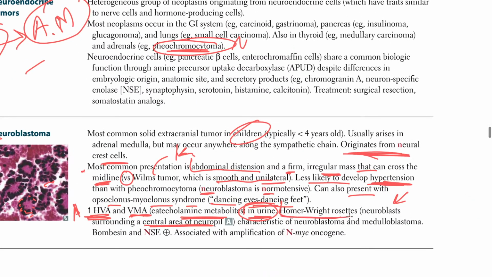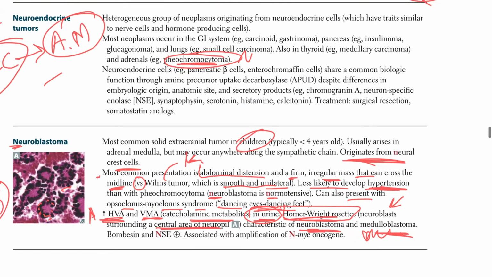And these are the Homer-Wright rosettes, high yield. This is a characteristic of neuroblastoma and medulloblastoma. So Homer-Wright rosettes are not only seen in neuroblastoma, but also in medulloblastoma as well.